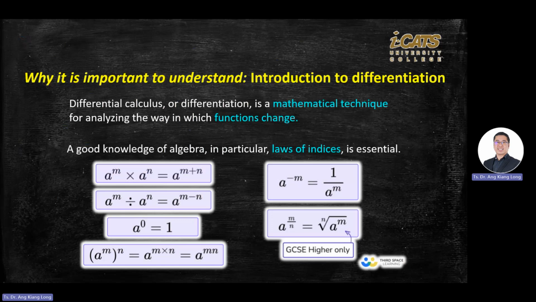A power 0 gives you 1. If you have a bracket power n, you need to multiply the powers. A negative index is actually 1 over something. And an index of 1 over n is the nth root. You need to recall this when you do the differentiation chapter. This is important.